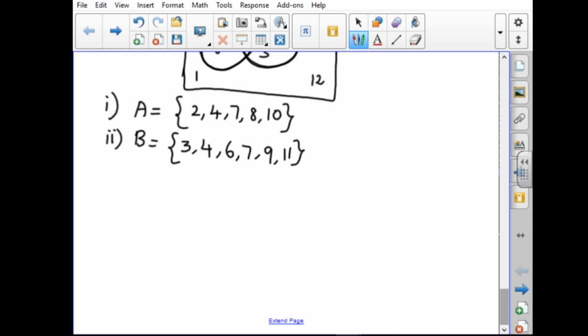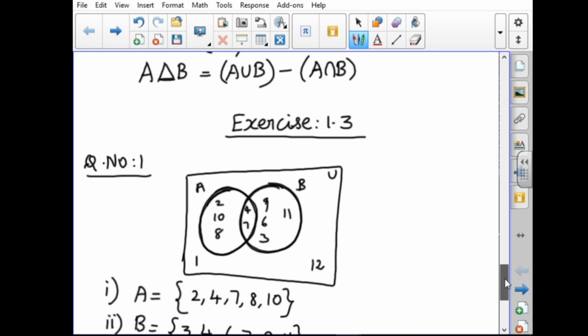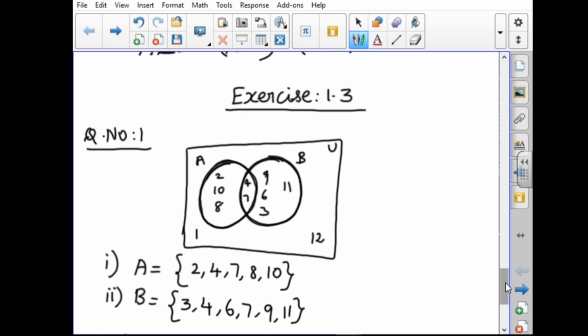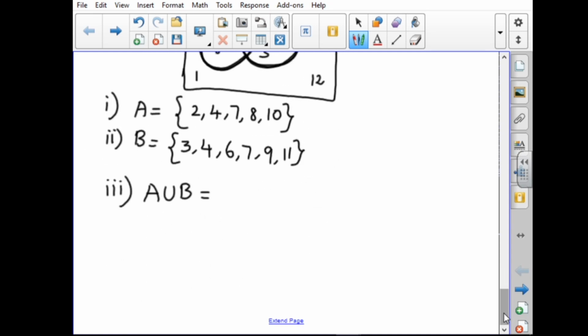Then the third one, A union B. Union means the full sets: the A set, the B set and the intersection part also. A union B means you have to join the two sets.